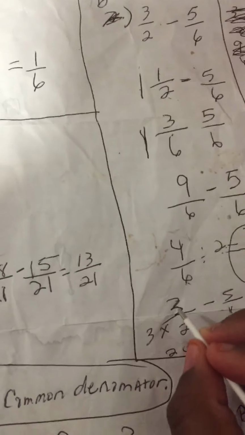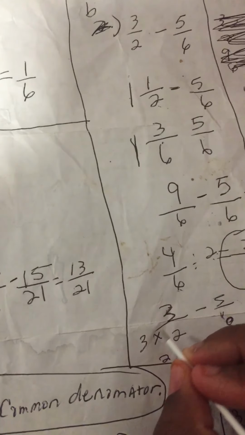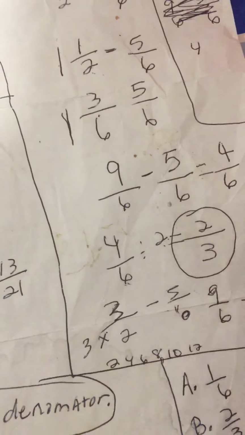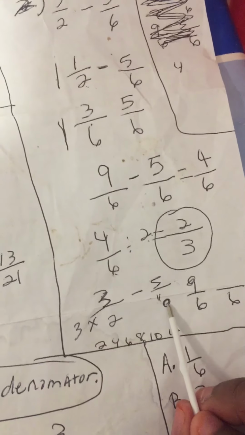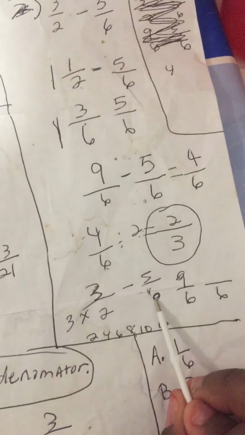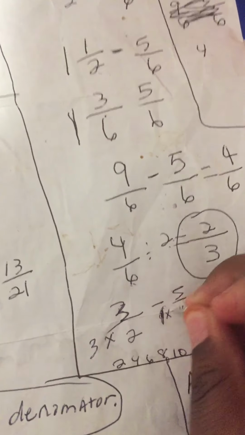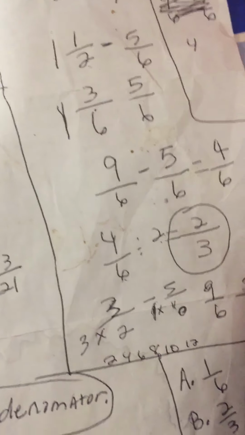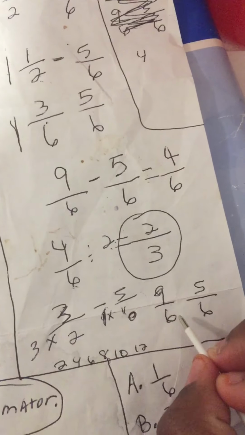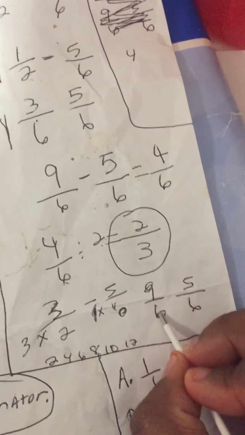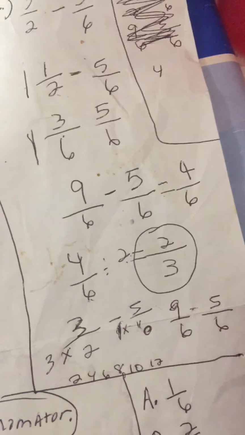Okay, so we multiply 3 times 3, and we get 9 over here. And now, how many times do we have to multiply 6 to get to 6? Only once. So we just do 1 times 5. That's 5. So what we get is 9 over 6 minus 5 over 6.